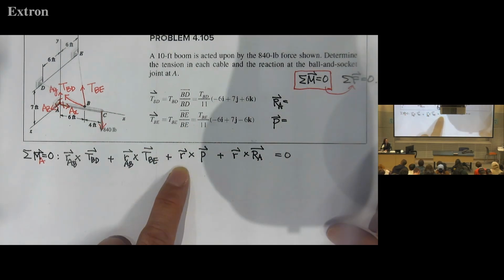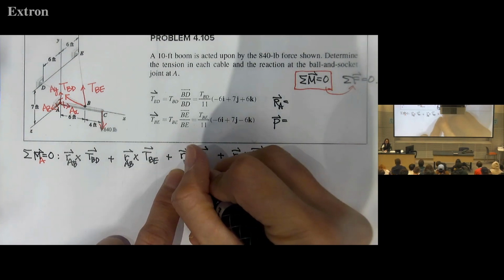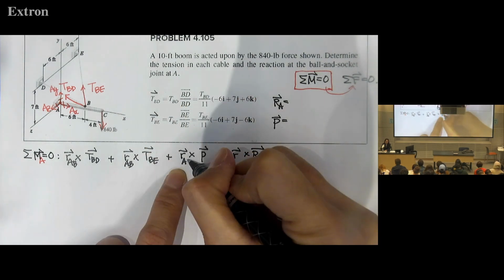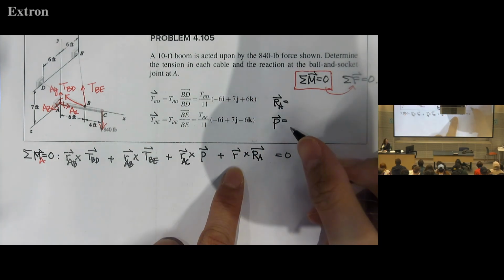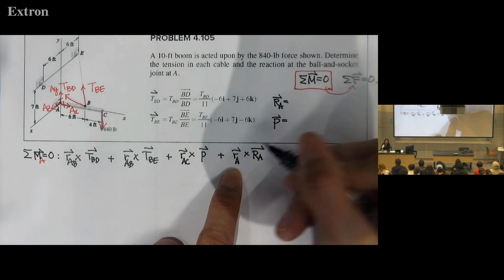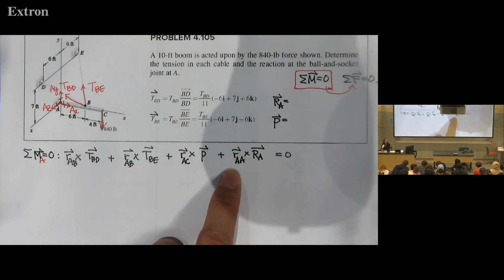And then the third one, AC: reference A, point of action C. And the last one, reference point A, point of action A. What's the AA vector? 0, right?